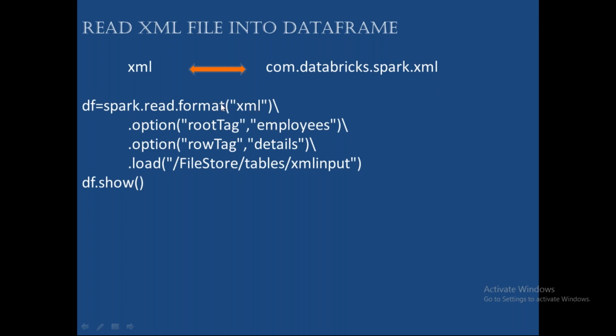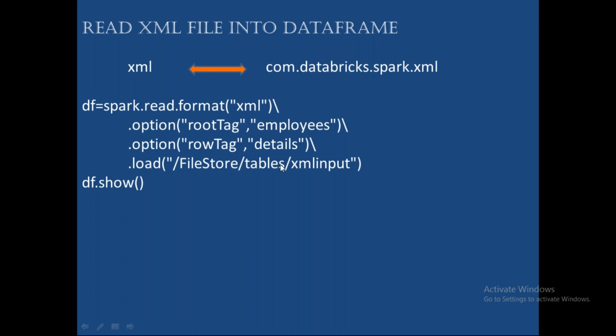You can use here xml or you can use com.databricks.spark.xml. That is one thing. Next, when you are mentioning a rootTag, as we know, rootTag employees you can mention, and a rowTag you can mention details. If you are not mentioning rootTag and rowTag, what are the default values it will take? RootTag is going to be rows and rowTag is going to be row. We know that. Okay, we discussed.